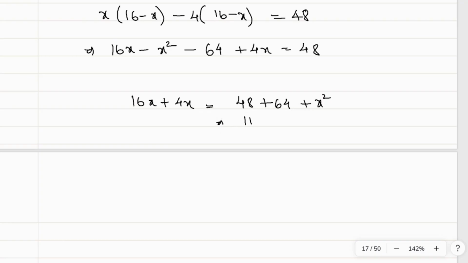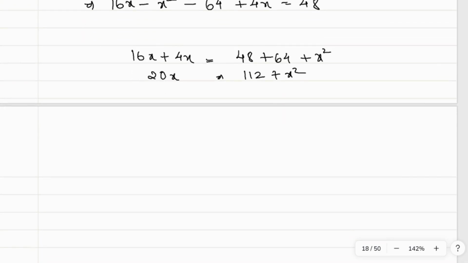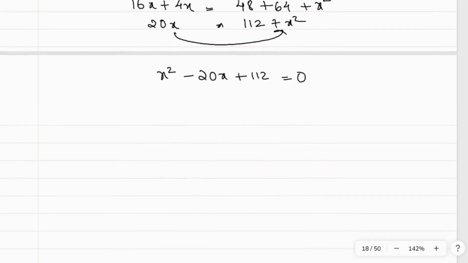It is equal to 112 plus x square. Here it will become 20x. Now I can rearrange this equation: x square minus 20x plus 112 equals 0. That means I took the 20x to this side, so I can rewrite it in this form.